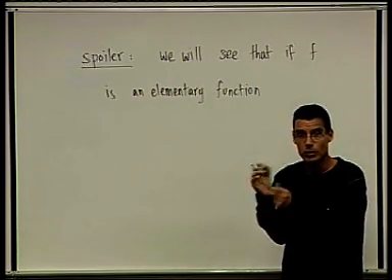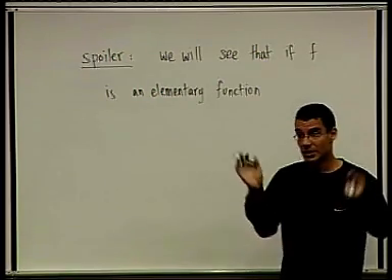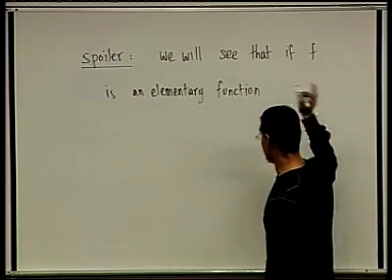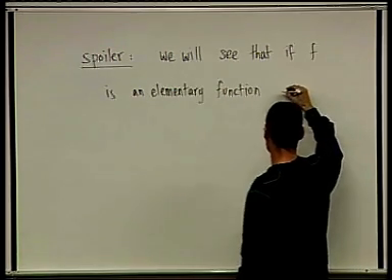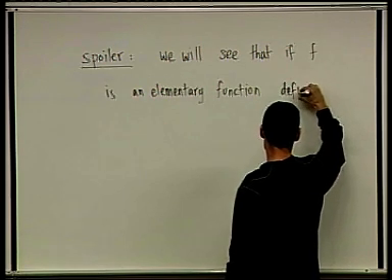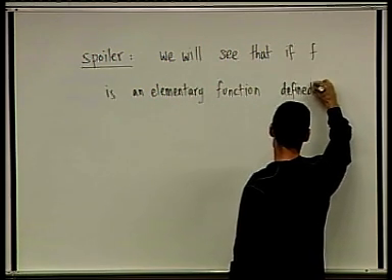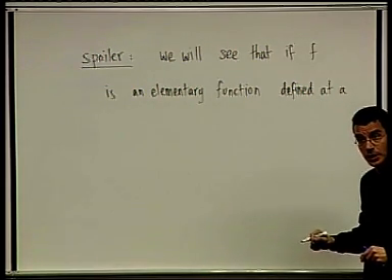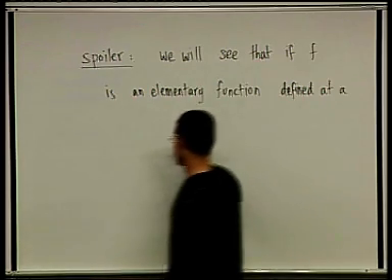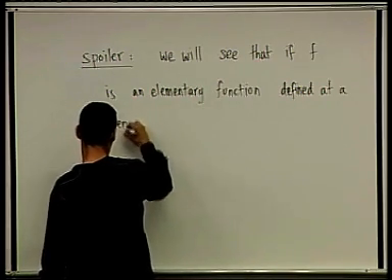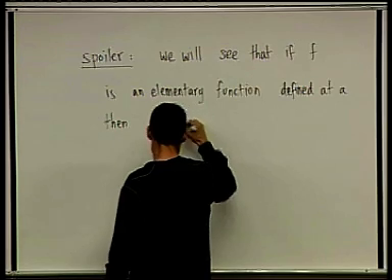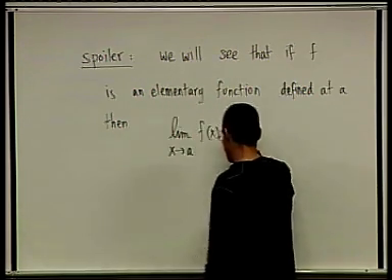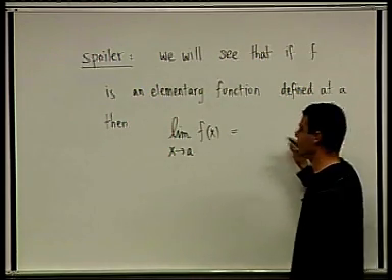This really leaves out only weird things like Dirichlet and the step function. If f is an elementary function defined at A, so here we need it to be defined at A itself, then the limit of f as x approaches A is what? It is f of A.